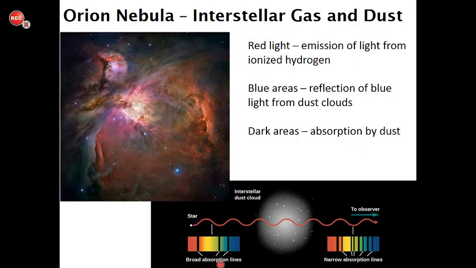And here's another version. We can see emission as red light from ionized hydrogen, and the blue light we see is reflection of blue light from the clouds, and the dark areas are absorption. So this is how we can tell that there's material in between stars that can affect the light of stars.